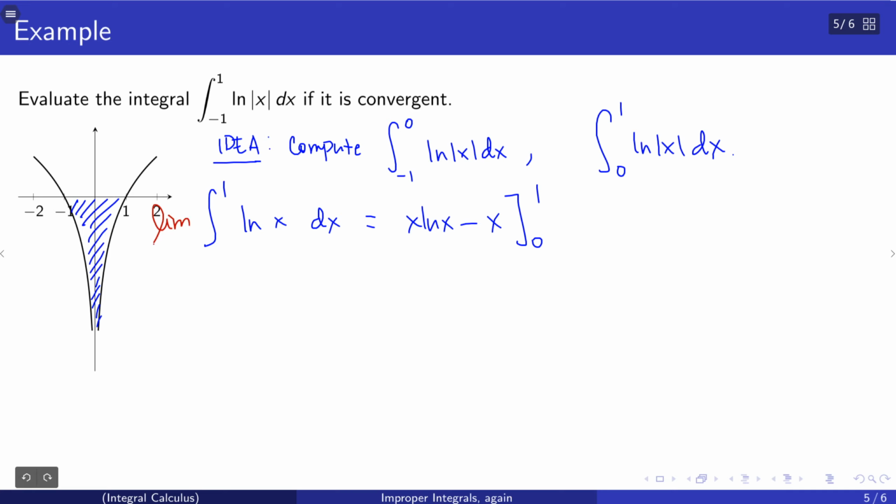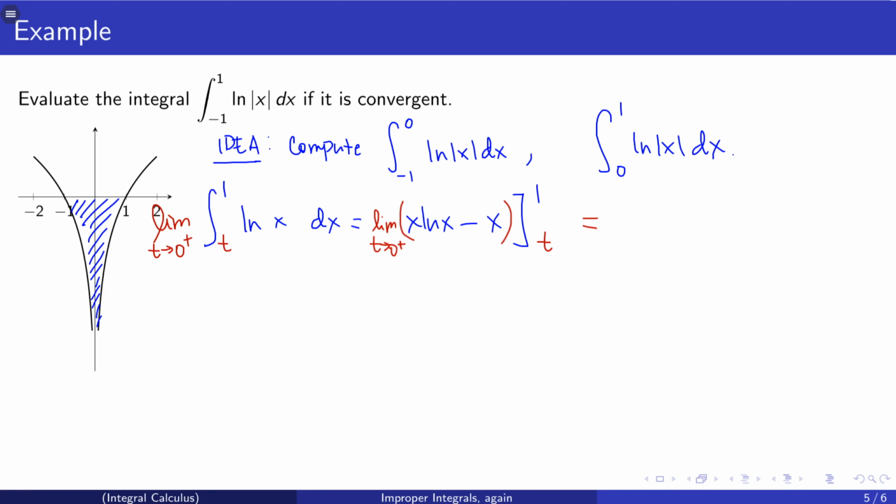I should be using limit notation here from the right. So if you did something like this on a test, that would be incorrect. Because you have to compute the limit of this definite integral when you have t instead of 0. Okay, and you'll have to do L'Hopital's rule here again for x ln x, because that gives you an indeterminate form 0 times infinity.